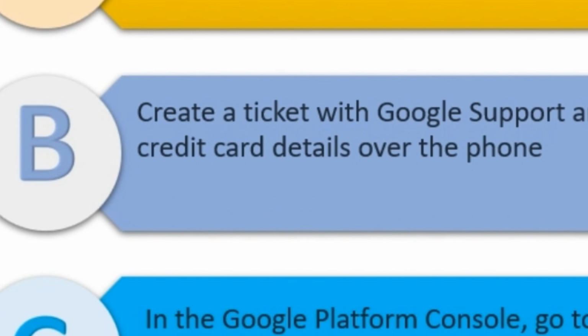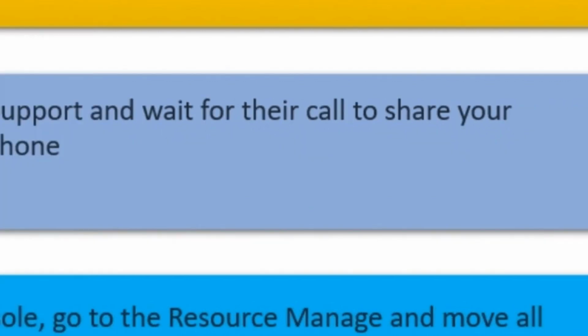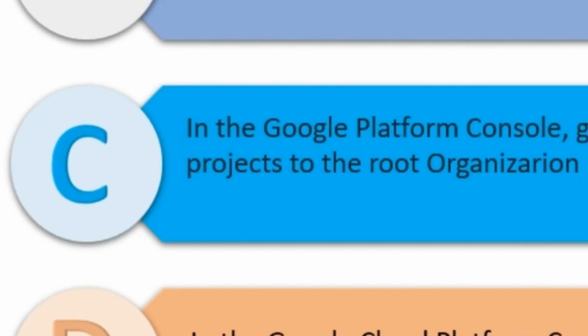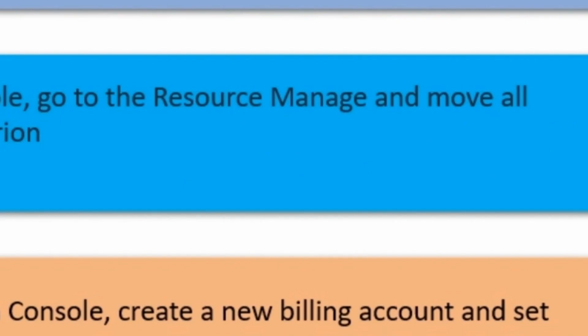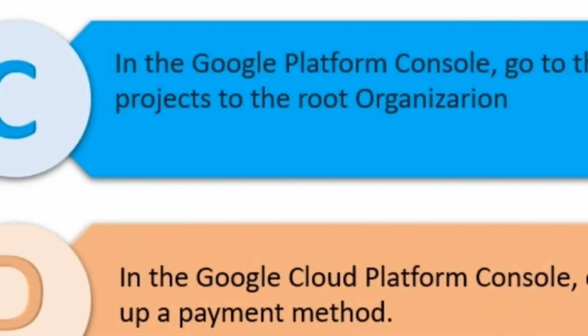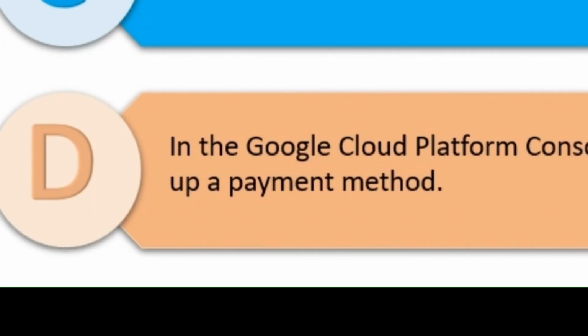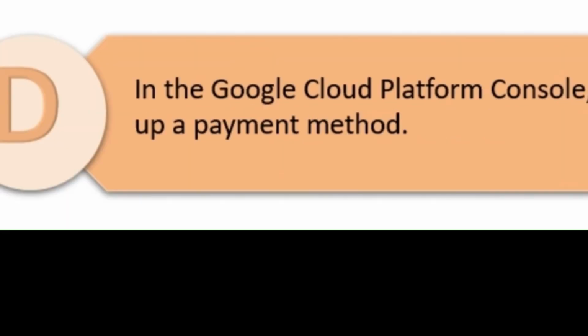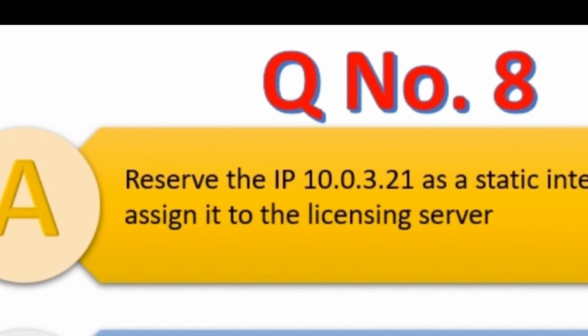B, create a ticket with Google support and wait for their call to share your credit card details over the phone. C, in the Google Cloud Platform console, go to the resource manager and move all projects to the root organization. D, in the Google Cloud Platform console, create a new billing account and set up the payment method. D is the correct answer.